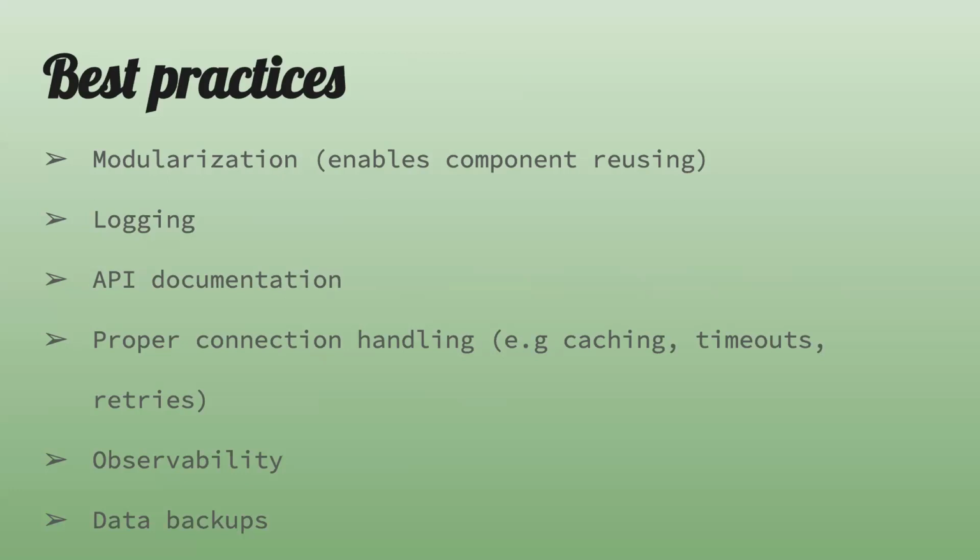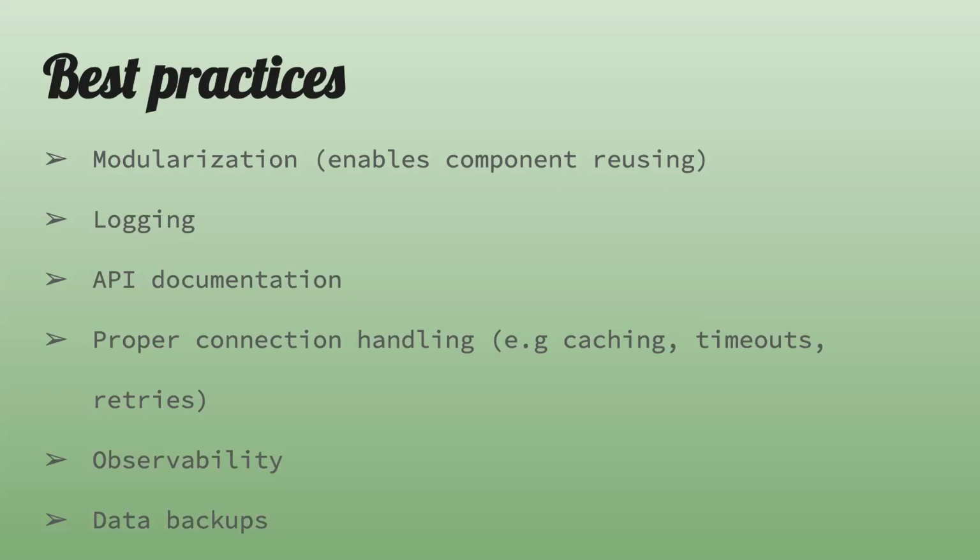That means if there is a bug, we only have to fix that bug in one place in the code, because the code is not duplicated. And correct logging is required to troubleshoot the issues. In order to understand the code, logging is required, and there should be proper API documentation.